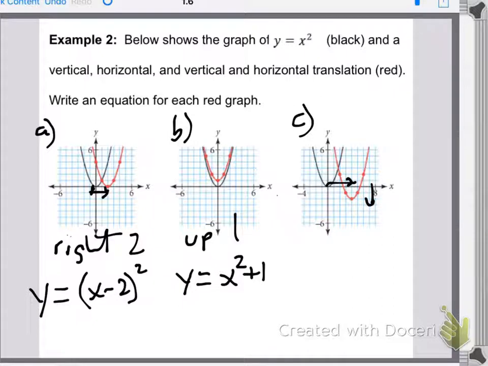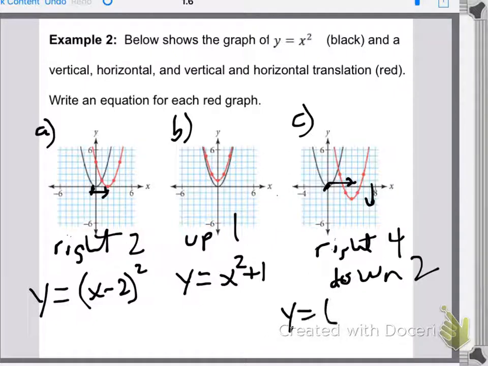All right, so we are going from the vertex of this graph, 1, 2, 3, I believe that's 4. So we are going to the right 4, pardon my chicken scratch, and down 2. Now we have a vertical and a horizontal shift. The horizontal shift gets taken care of by the parentheses x minus 4 squared. We're going down 2, so that's a minus 2 on the outside.